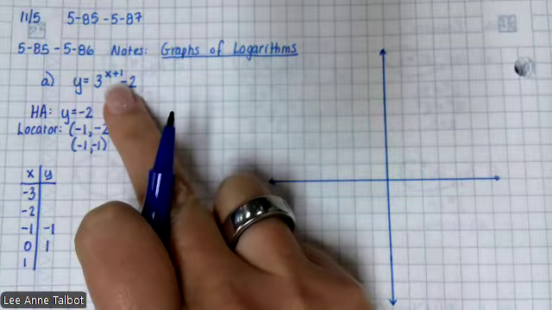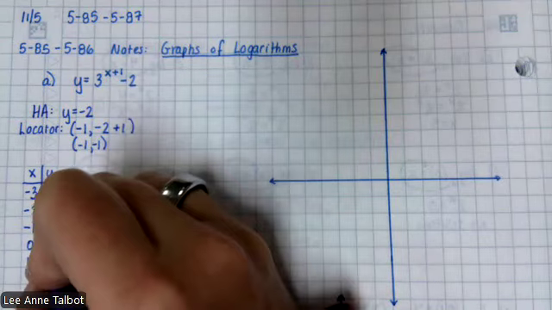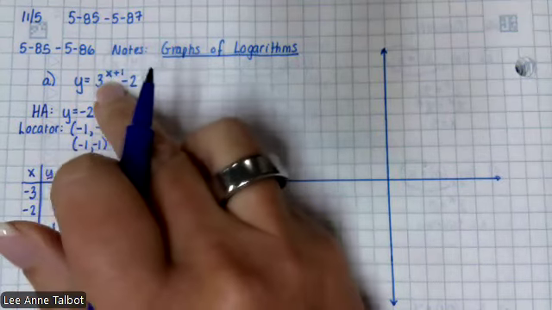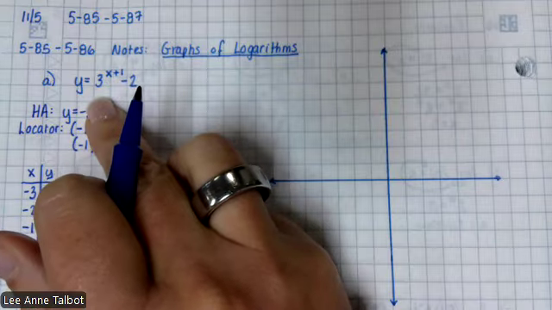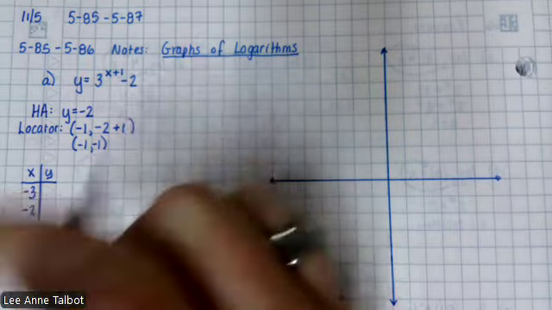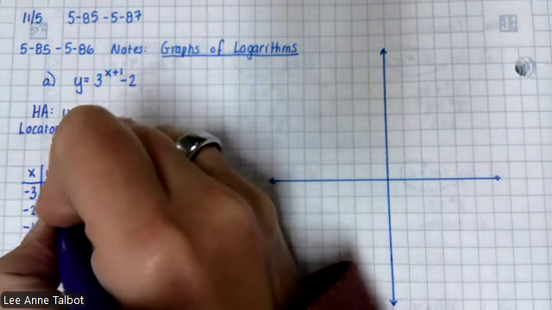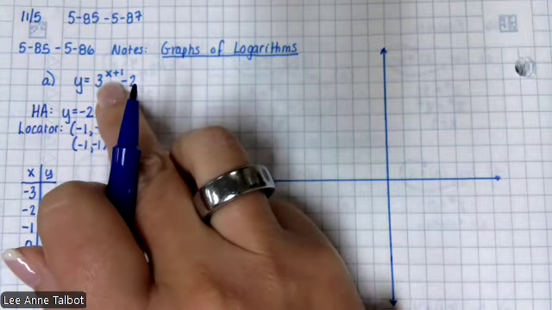Okay, 1 plus 1 is 2. 3 to the 2 is 9. Minus 2 is 7. Negative 2 plus 1 is negative 1. 3 to the negative 1 is 1/3. 1/3 minus 2 is negative 1 and 2/3. Negative 3 plus 1 is negative 2.